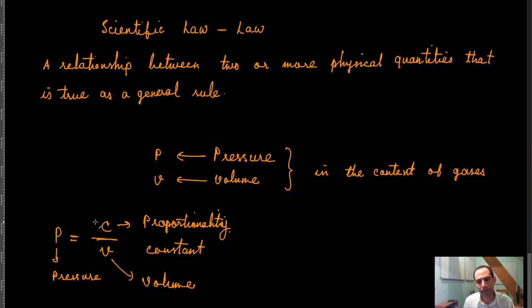It tells me that in the case of any gas, when you increase the pressure, the volume is decreased, or if you increase the volume, the pressure is decreased. That's basically what it says, but then I have to write it in mathematical terms.